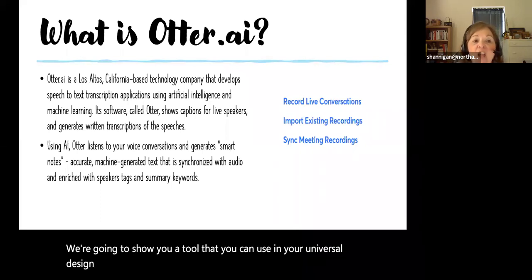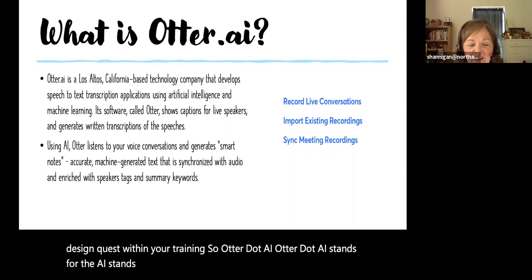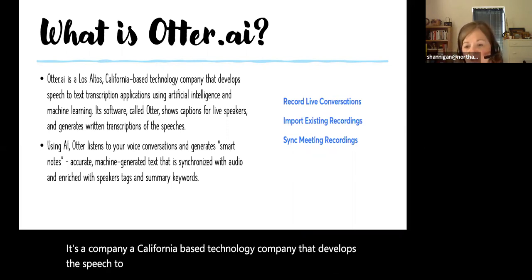All right, thanks. We're going to show you a tool that you can use in your universal design quest within your training. So Otter.ai. The AI stands for artificial intelligence. It's a California-based technology company that develops speech-to-text transcription applications. There are many out there, but today we're just talking about Otter.